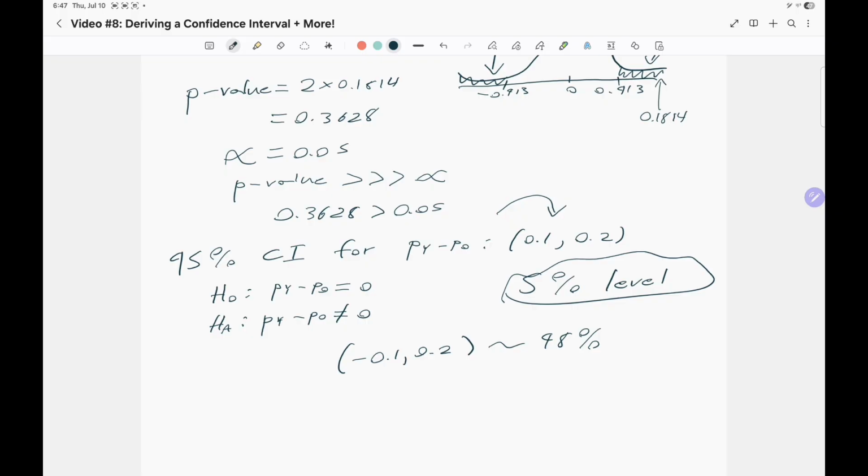So we could reject the null. Or rather, fail to reject the null hypothesis, what I should say, in that scenario, because we're 98%. Let me think of how I want to express this.